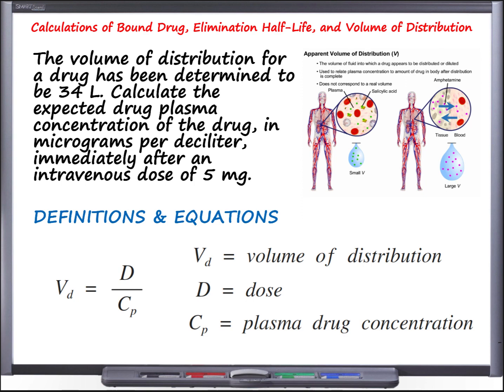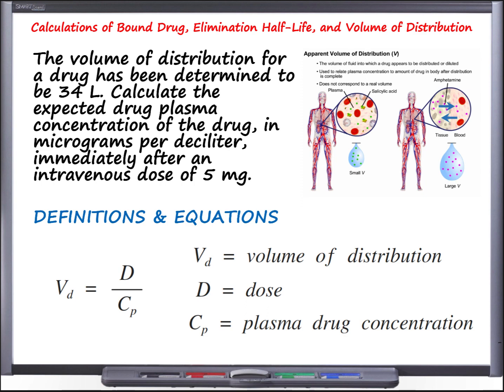So with that background, hopefully you understand why this would be an important parameter to be able to calculate. Let's read the question and then we'll talk about the equation, and you can see why we need some of the information provided in the question. The volume of distribution, or VD, for a drug has been determined to be 34 liters.